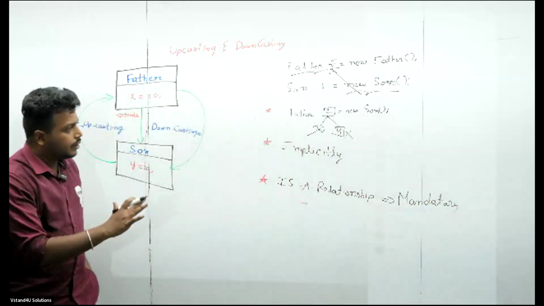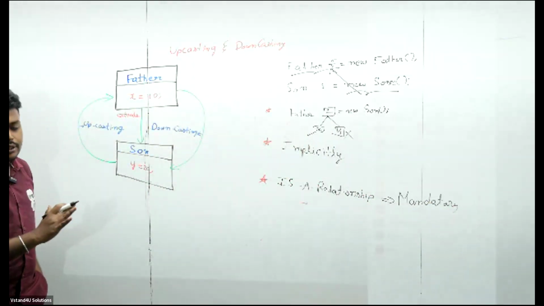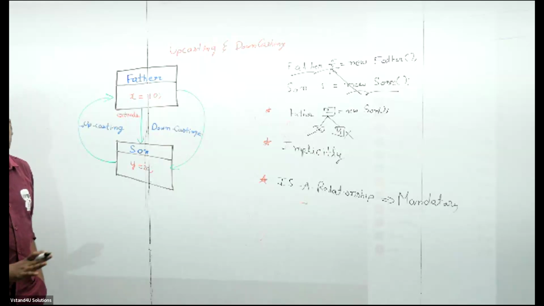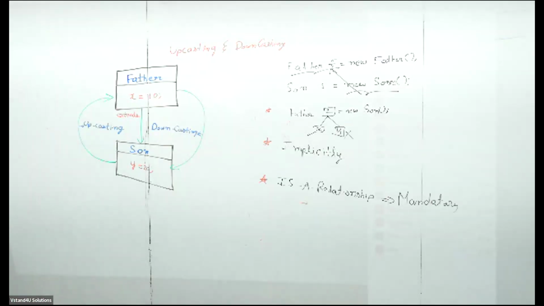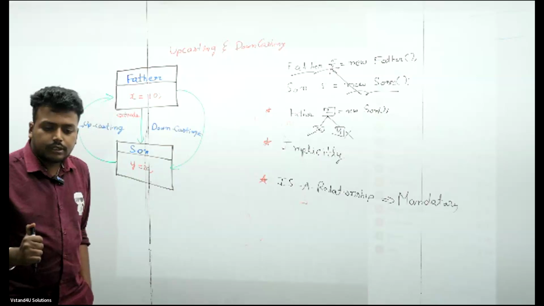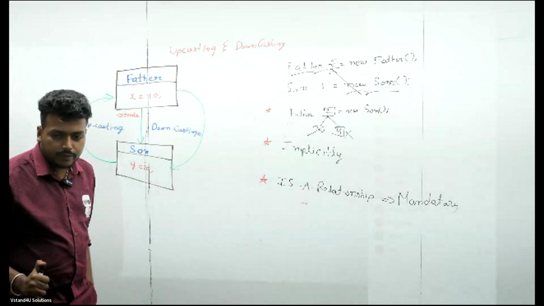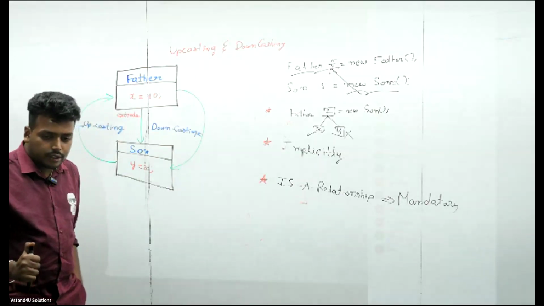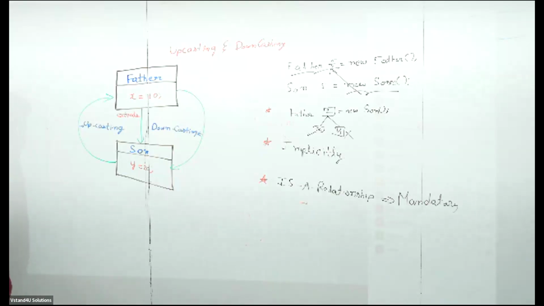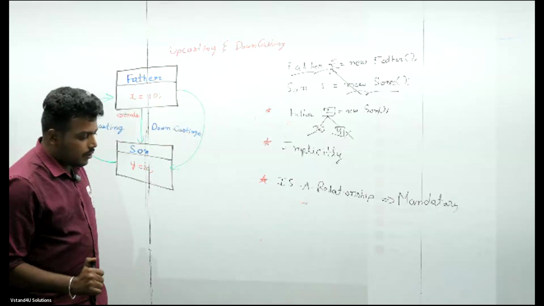Just listen to the theory concept, just listen how it is working. I will do a lot of programs today regarding this. Now you understood, right? Whenever I am creating the subclass object, and for that subclass object I am using the superclass reference, it is called upcasting.